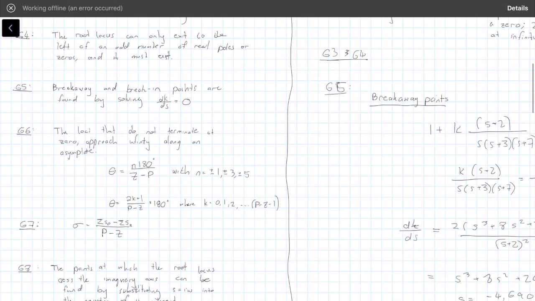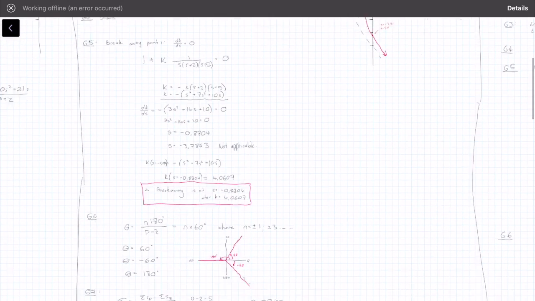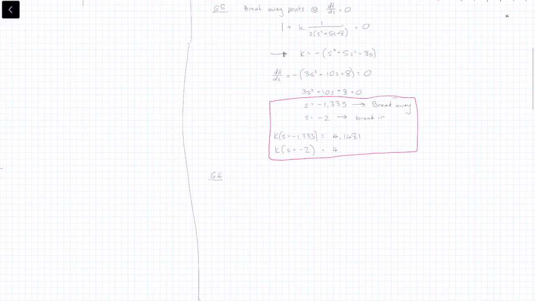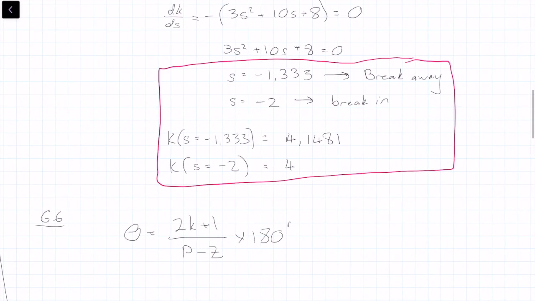So theta, this one right here, theta equals 2k plus 1 over p minus z times 180 degrees, where k equals 0, 1, 2, up to p minus z minus 1.